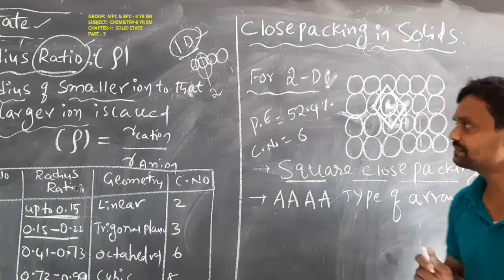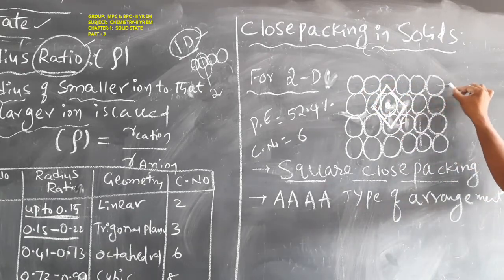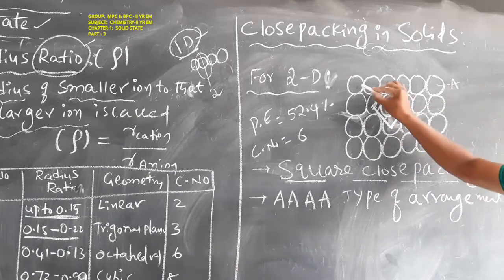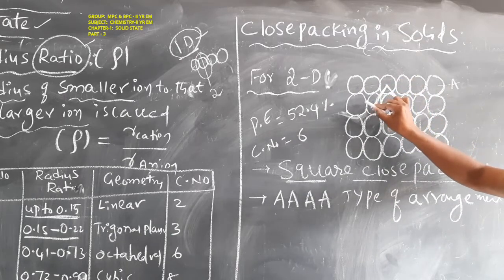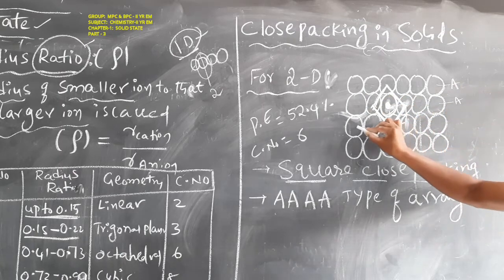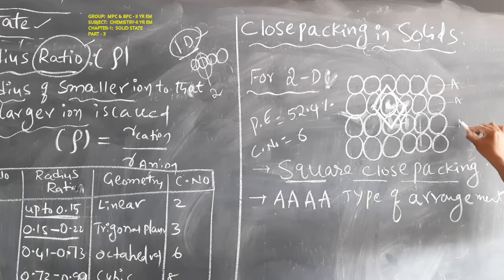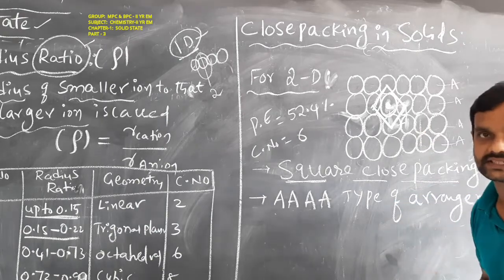A type of arrangement means, let us say this atom arrangement is A, and this one is the same, so the same arrangement is present, A. This row is also the same arrangement, and this row is also the same. So this is called A type arrangement.